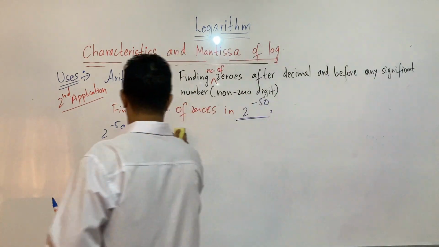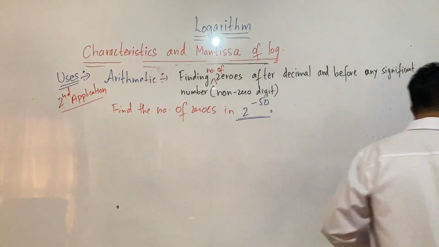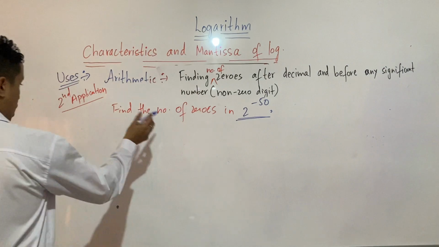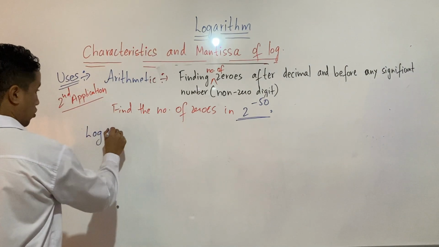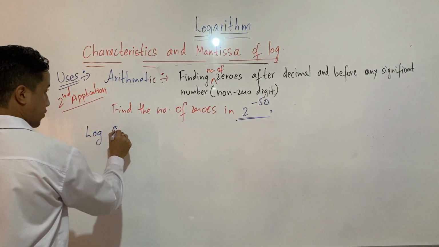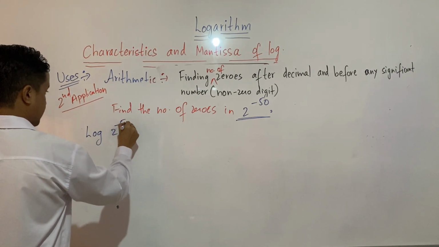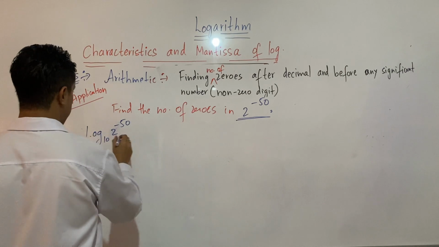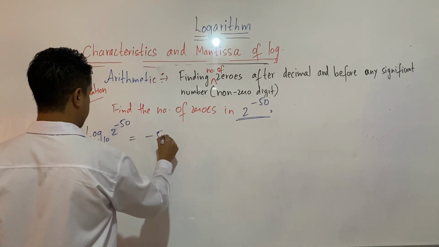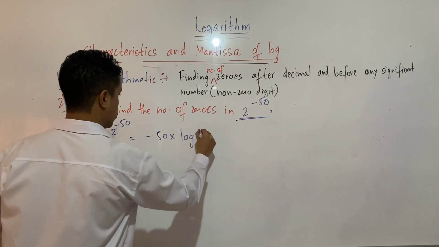Okay, so how to do it? We'll take the log. If you take log of 2 raised to power minus 50 to the base 10, it's going to be minus 50 multiplied by log of 2 to the base 10.